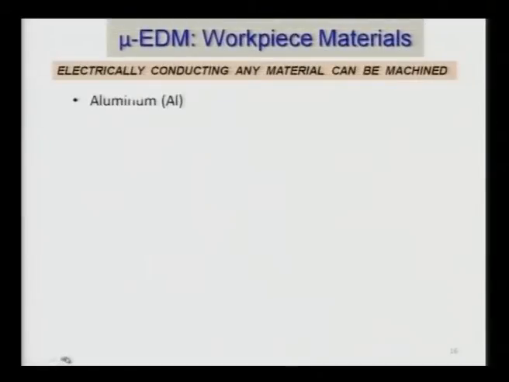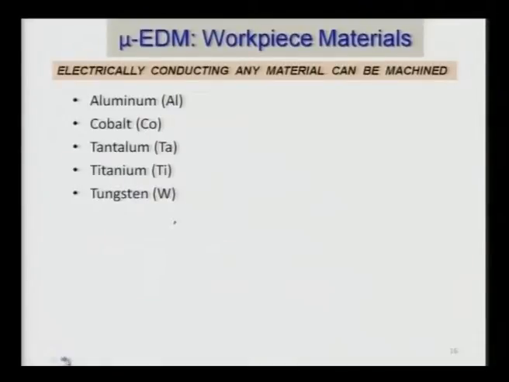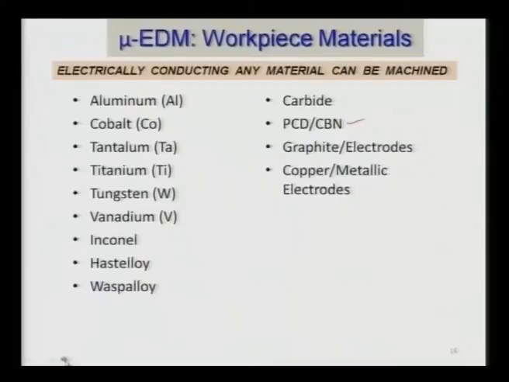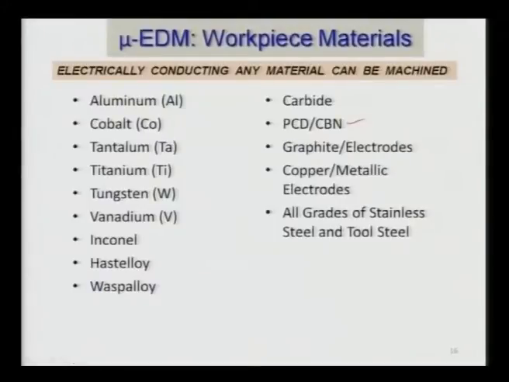Again, the workpiece material should be electrically conducting, and all kinds of workpiece materials which are electrically conducting are listed here. You can use them like aluminum, cobalt, tantalum, titanium, tungsten, vanadium, Inconel alloy, Hastelloy, Waspaloy, carbide, PCD, polycrystalline diamond, or cubic boron nitride, that is PCD or CBN, graphite, then copper, metallic electrodes are used for copper also, and all grades of stainless steel and tool steel.